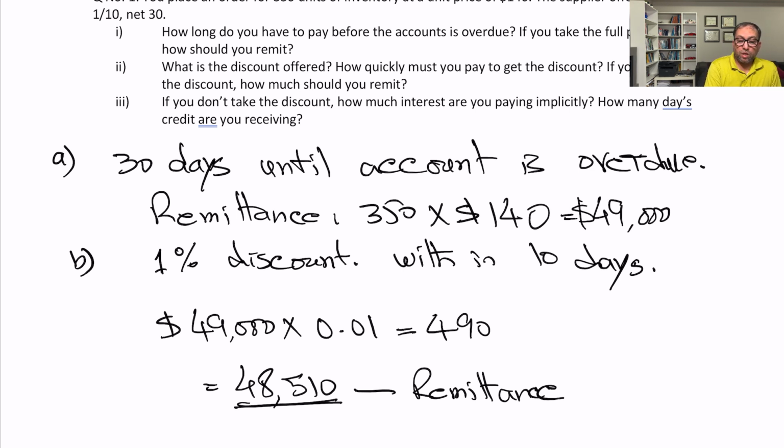The third part says if you don't take the discount, how much interest do you pay? We have to calculate the implicit interest.